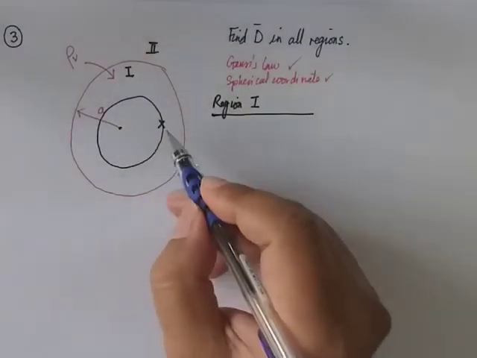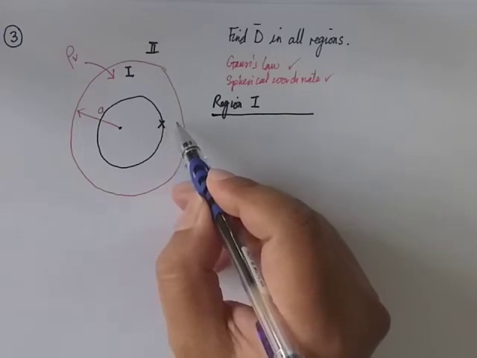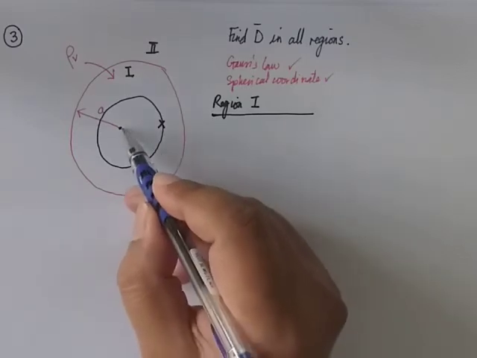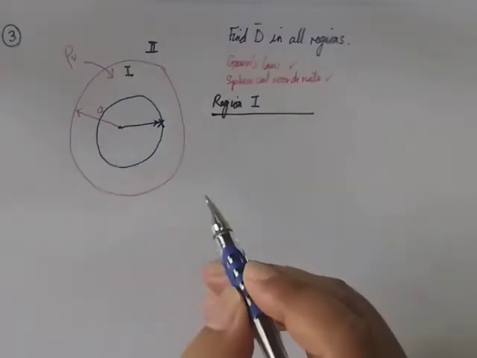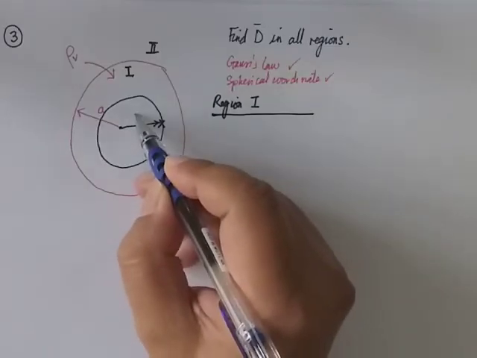And since this x is not fixed, it can be moved provided it stays within region number 1. I'm going to show that behavior by substituting the radius of my Gaussian with a general representation, R.